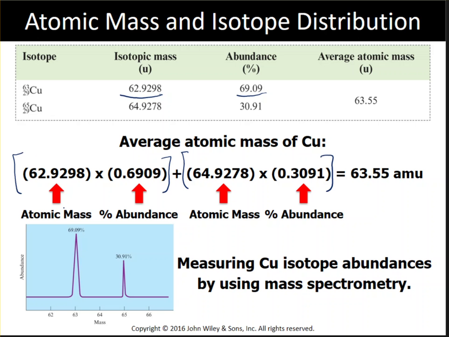The isotopic mass of copper 63 multiplied by the percent abundance of copper 63, plus the isotopic mass of copper 65 multiplied by the percent abundance of copper 65. Now the unit for the average atomic mass is AMU.